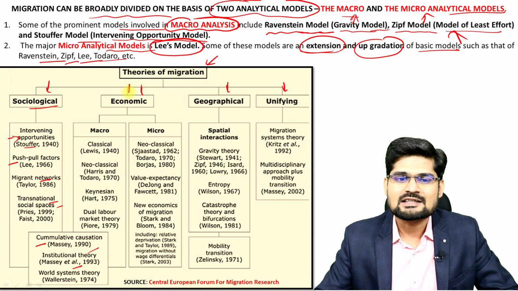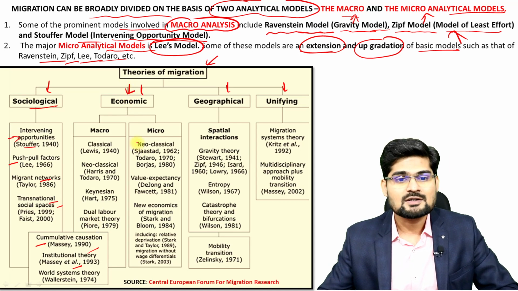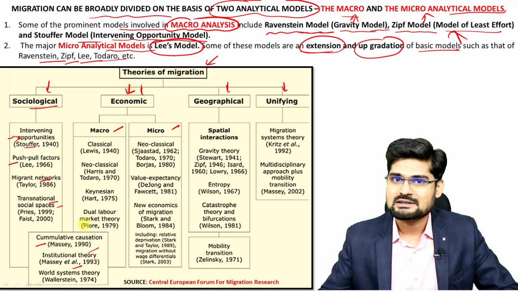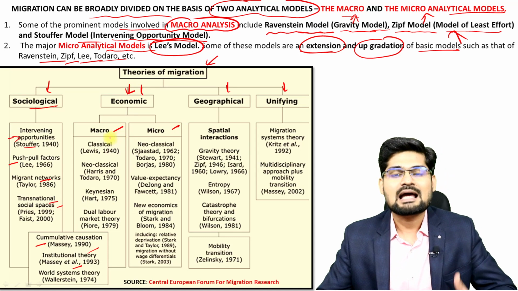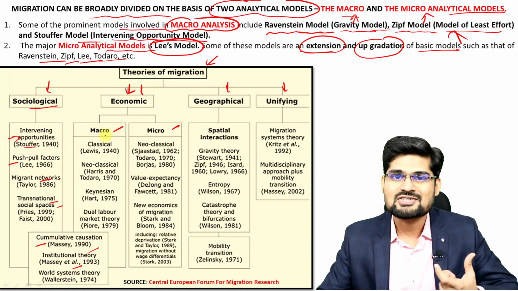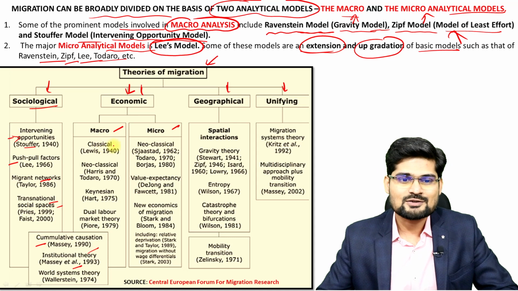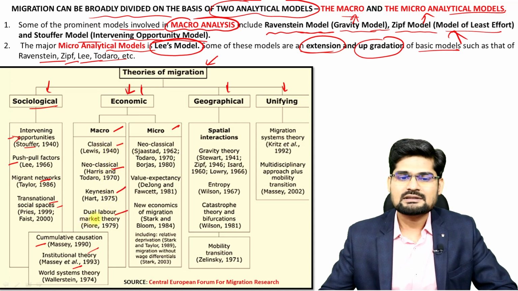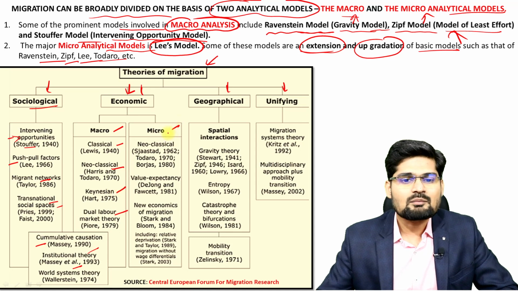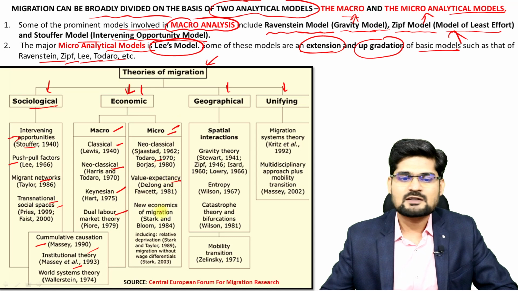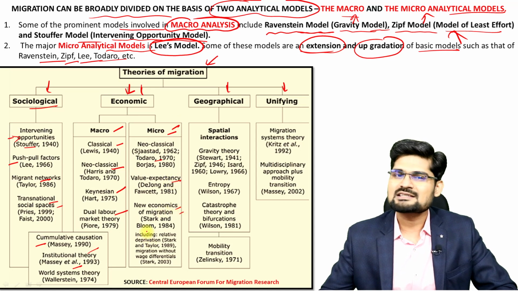Then there are certain theories where economics become more important, so macroeconomics and microeconomics, right? So economic factors as the determinants of migration, that is what the theme of these theories are. So classical theories, neoclassical theories, Keynesian model, dual labor theory and several others. And then there are micro theories like neoclassical model by Todaro and several others, value expectancy, new economics of migration and several others.